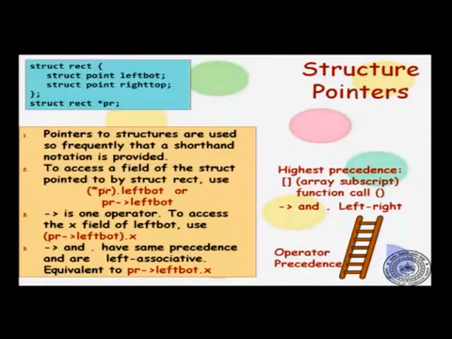This is inconvenient. Therefore, C provides a syntactic convenience which is PR arrow. Arrow is actually two characters, it is a dash and a right angle bracket. So, PR arrow left bot is the same as within brackets star PR dot left bot. So, there are two ways to address the fields of the location pointed to by PR.